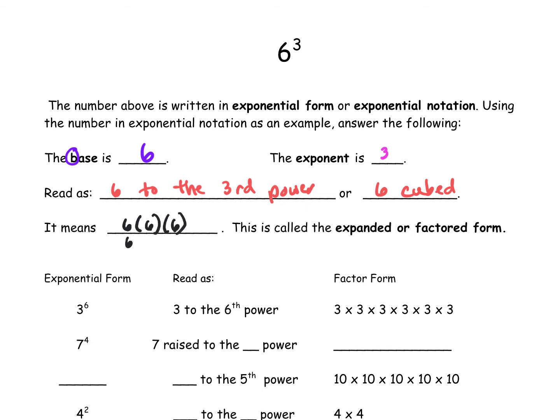Or if you'd rather write it with a dot or times sign, whatever helps you, that's fine. And so when we write it out the long way, this is called expanded or factored form. This kind of makes sense to my brain because I see it being the longer way to write this, expanded. And factors are what we use to find a product, the result after we multiply.